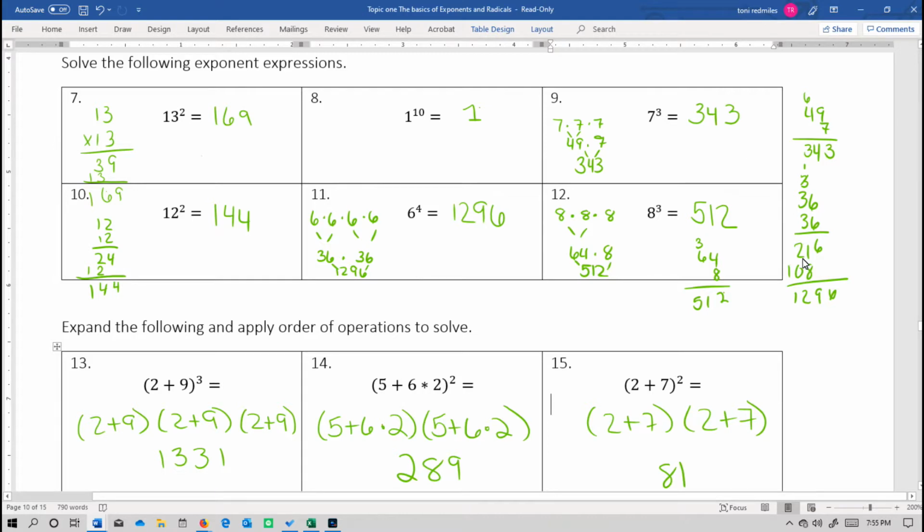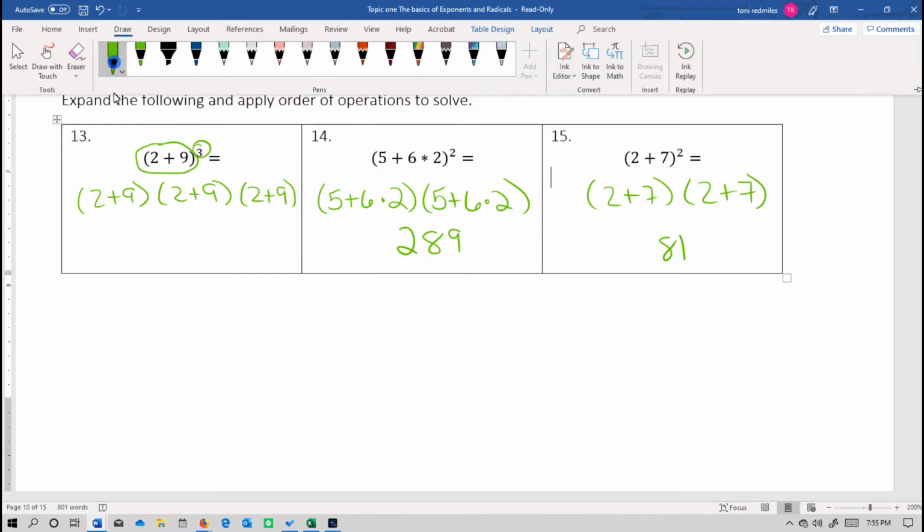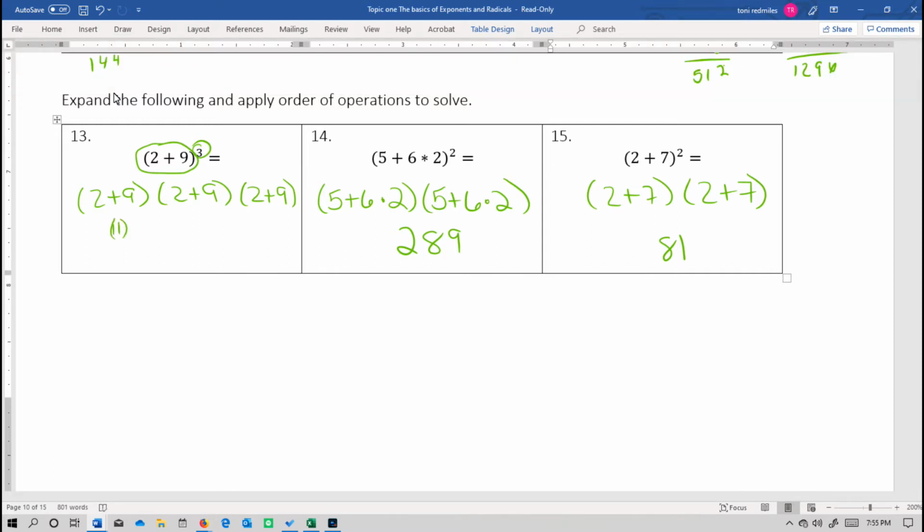All right, and the next set, and this is our last set, we need to expand the expression and then use order of operations to solve. So first I give you the expression. This is what's being multiplied, and this is how many times it's being multiplied. So this is being multiplied 3 times, and then if I'm going to apply order of operations, I'm going to do what's in the parenthesis. 9 plus 2 is 11. 11 times 11, that's one of the ones we should have memorized, is 121.